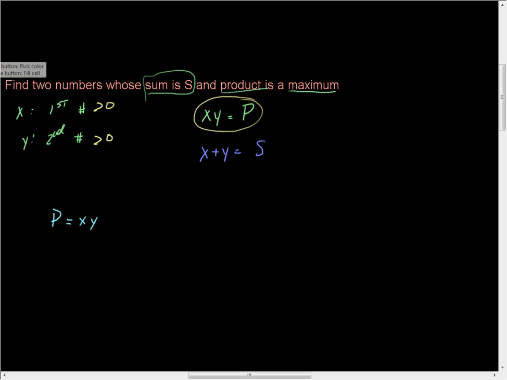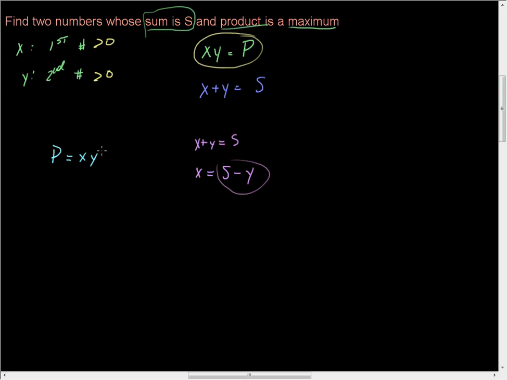I'm going to choose to rewrite y. And so if x plus y is equal to S, then that means that x is equal to S minus y. Okay. So now this doesn't look like it's helped, but I already know what S is, or at least that's the assumption. And so I'm going to say, let's rewrite it. P is equal to, and wherever I see an x, I'm going to put S minus y. S minus y times y.